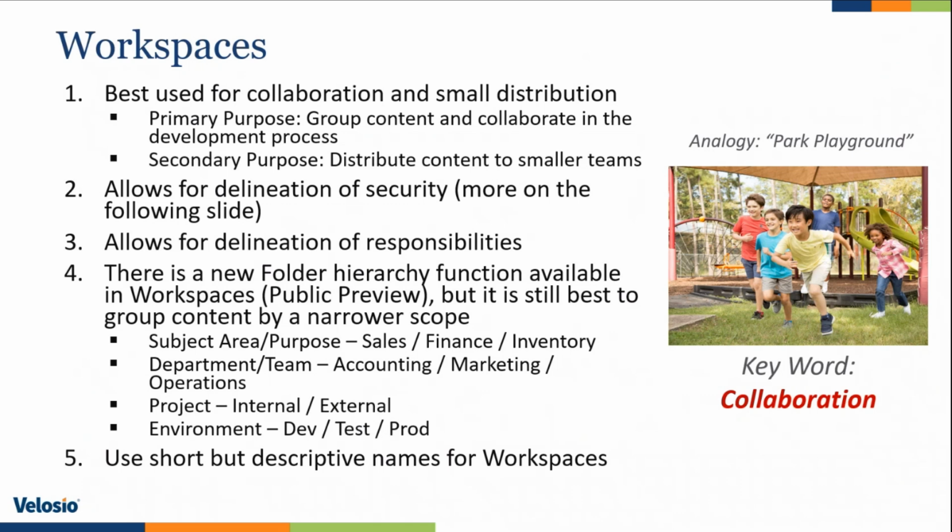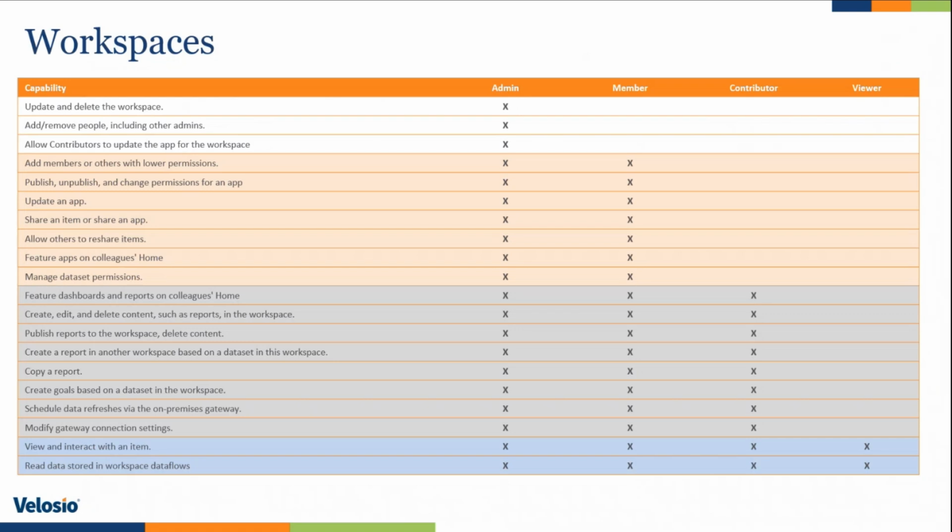Because you want to keep the scope narrow in your workspace, use short but very descriptive names for your workspace. So do have a plan around those. Here are the security roles that I mentioned. I'm not going to spend time going through each one of these. You can easily find these by just Googling Power BI workspace roles, and you can see there are four of them.